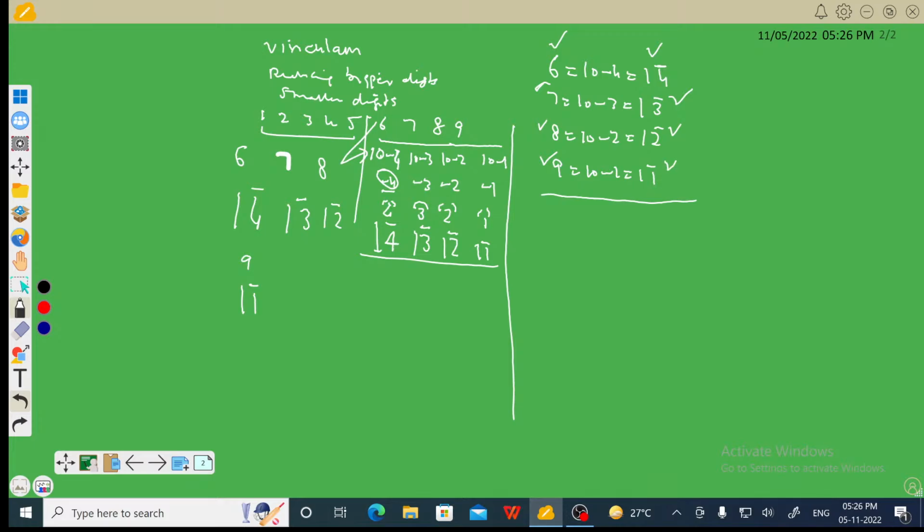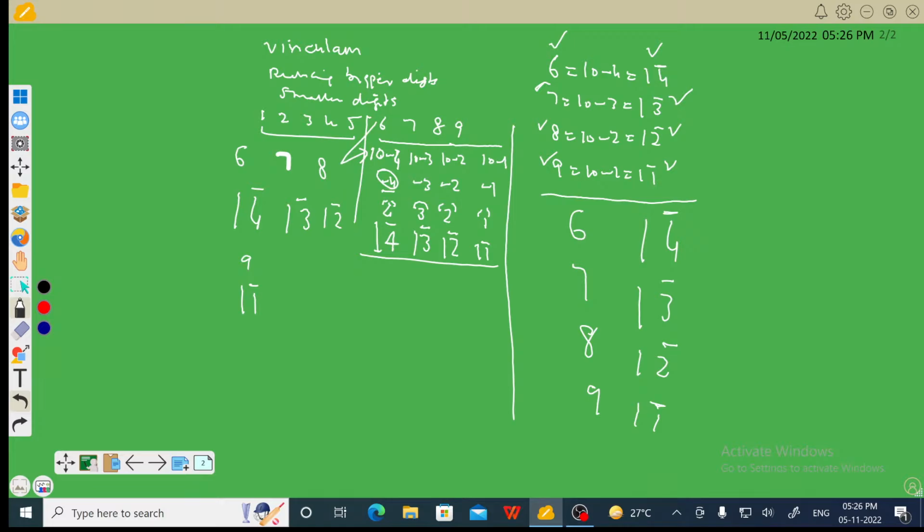When we say we are having digit 6, we are here availing 1 and 4 bar. For 7 we are availing 1 and 3 bar. For 8, it is 1 and 2 bar. For 9, it is 1 and a 1 bar.